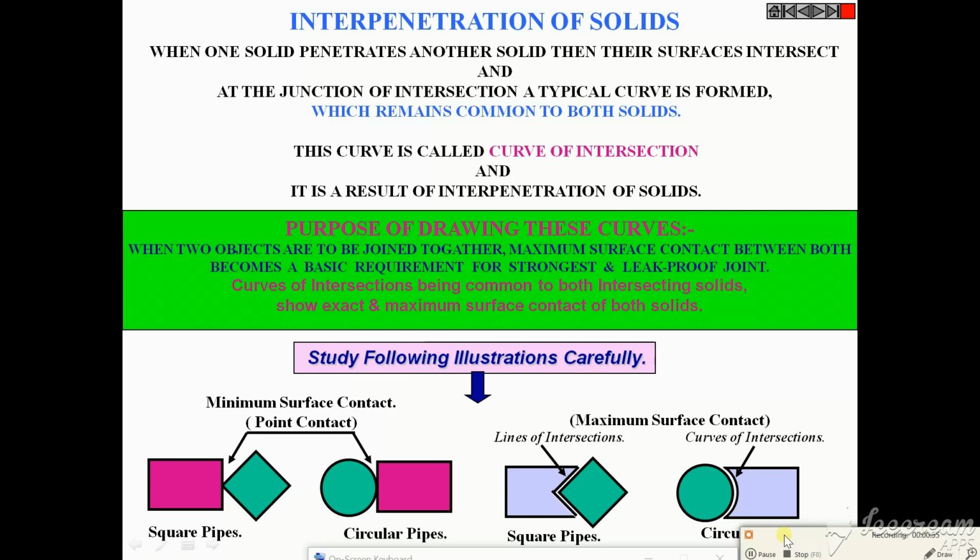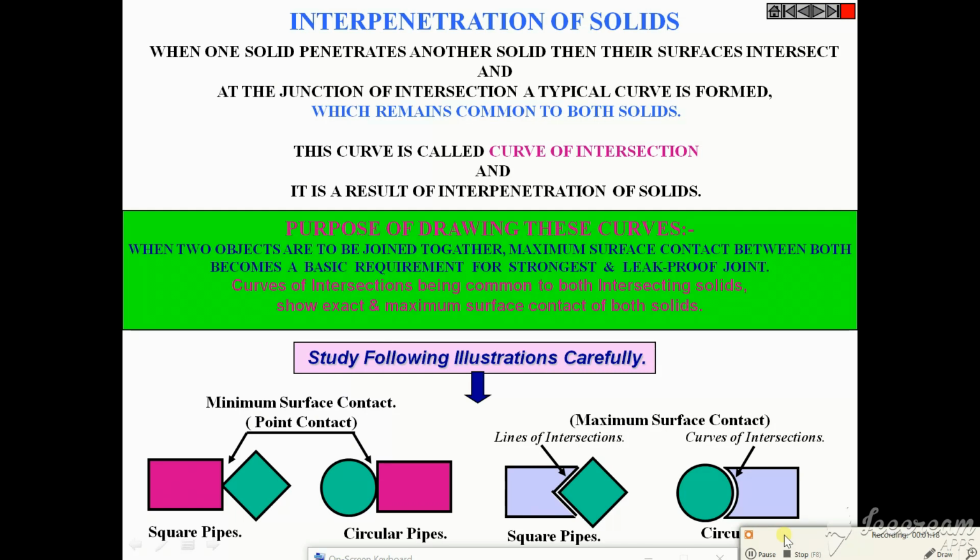So there is a common curve for both solids. Whenever there is interpenetration of one solid into another solid, there is a common portion which is like a curve. This curve is called the curve of intersection, and it is a result of interpenetration of the solids.